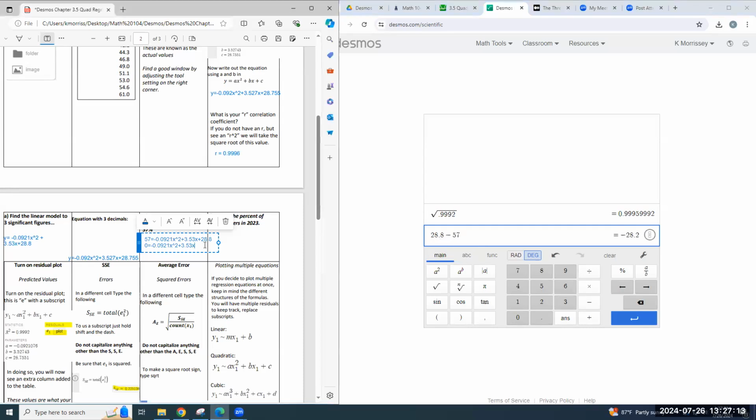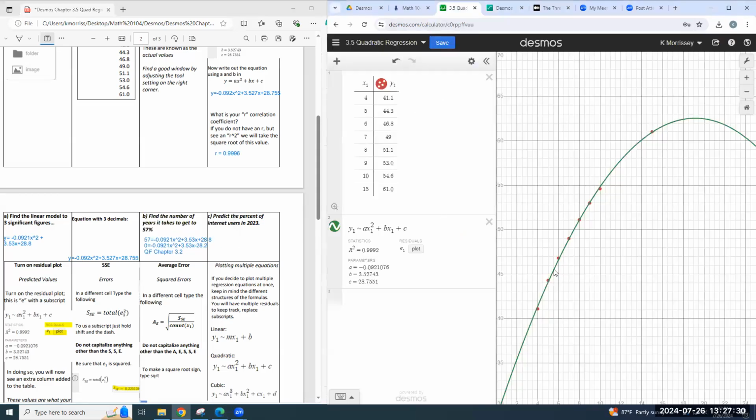So that'll be negative 28.8. So from here, you can use the quadratic formula, which I believe we covered in chapter 3.2. So we can do that, or we can also take a look at your equation.